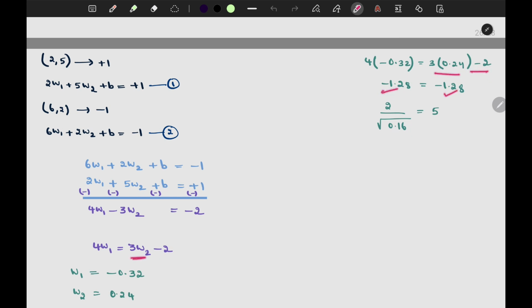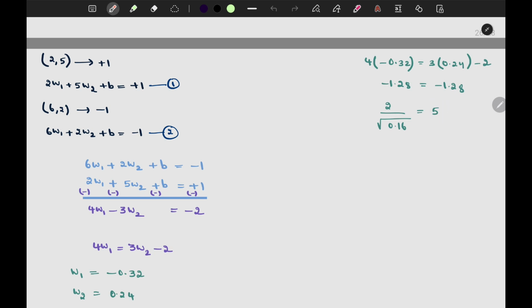LHS is equal to RHS, so it is satisfying this equation. So my values are correct, but you can think that I'll be having multiple values. First let's see this: 2 divided by modulus of weights. After calculating 0.32 whole square plus 0.24 whole square, I got square root of 0.16, which is 0.4. After solving this, I got the value as 5.